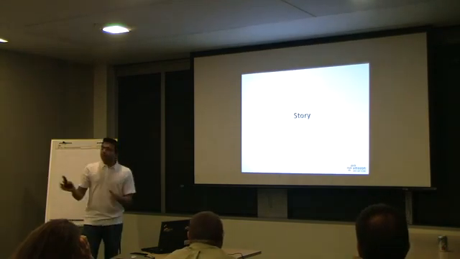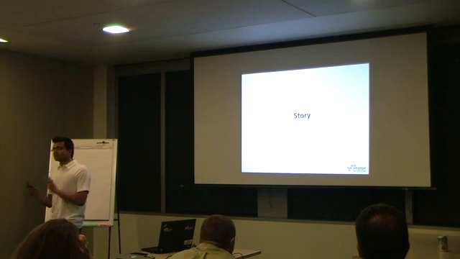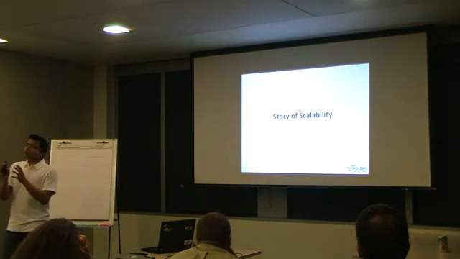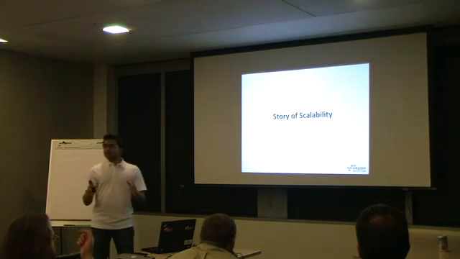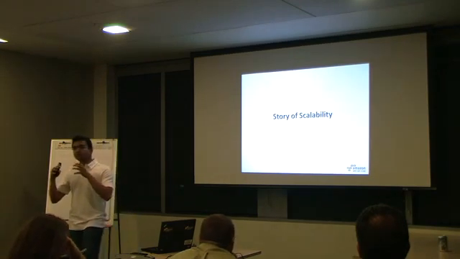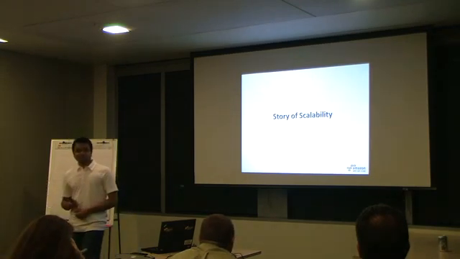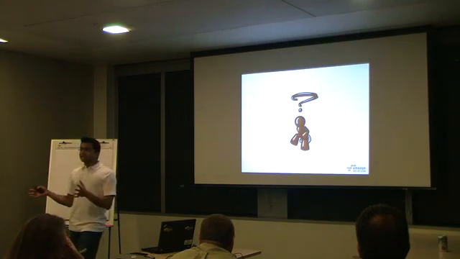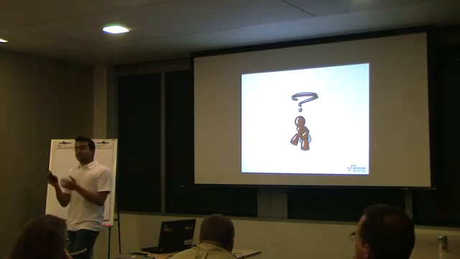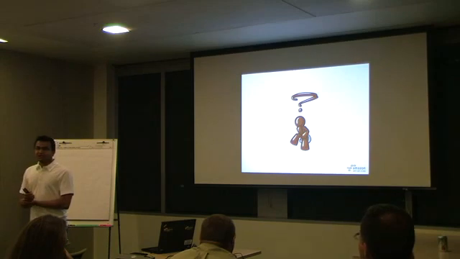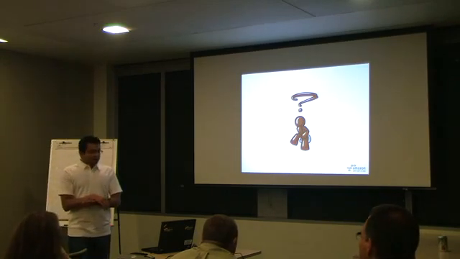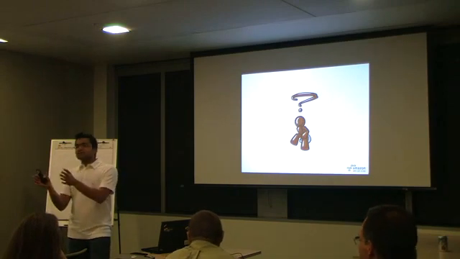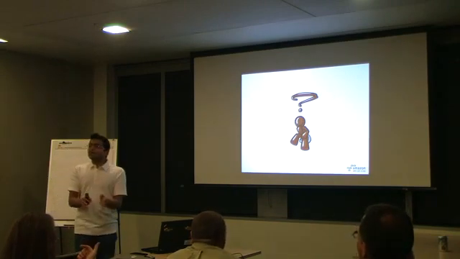So let me talk about the story. The story is about scalability. I'm going to talk about how you can build a powerful web application in Java. So this story is about Andy. Once upon a time, not so very long ago, there was a boy named Andy. Andy was around 25 years old, and typically people at the age of 25 have a problem.